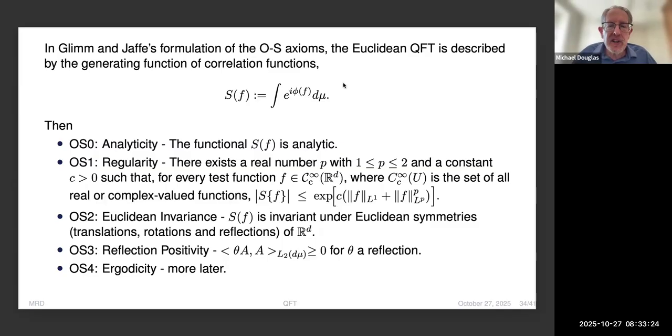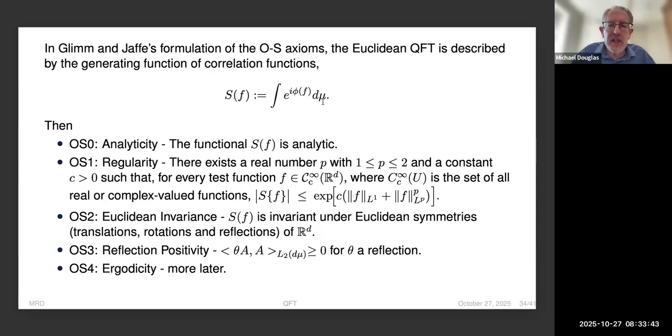And f is going to be for us the space of Schwartz test functions that decrease faster than any power at infinity, and their derivatives decrease faster than any power at infinity. And then phi are the distributions, which are the weak dual space to that space of functions, the Schwartz distributions.